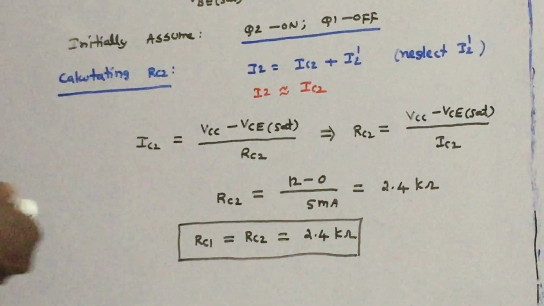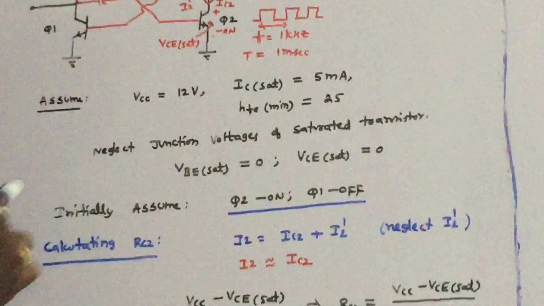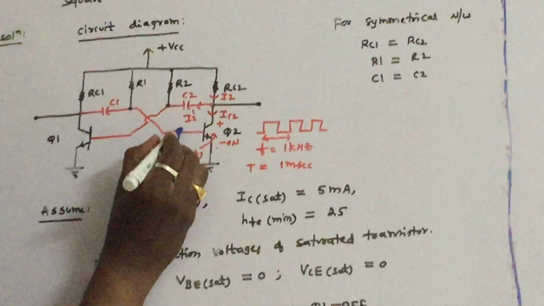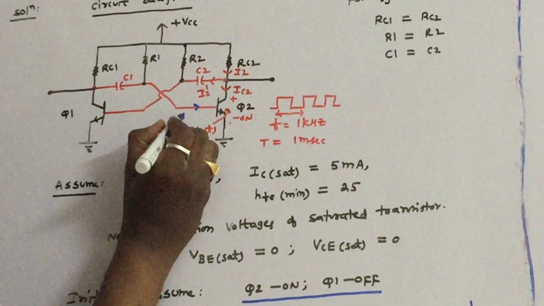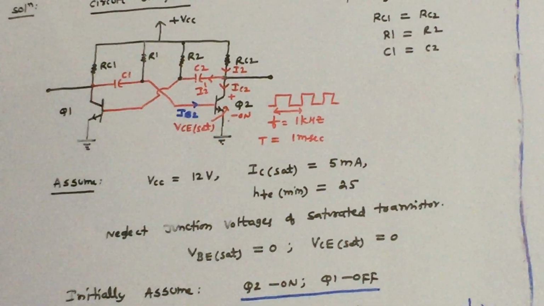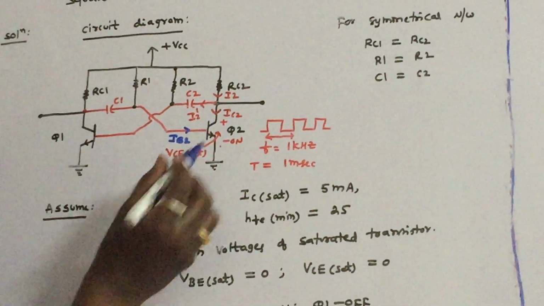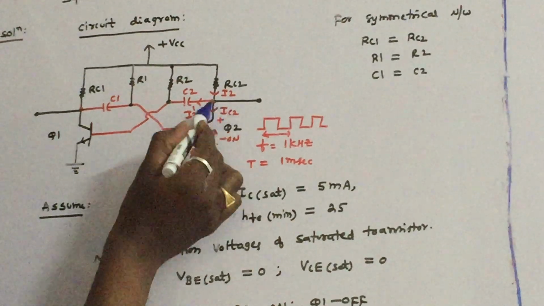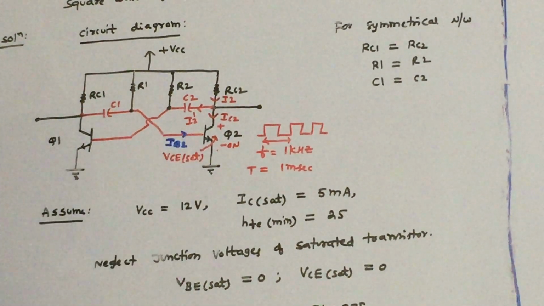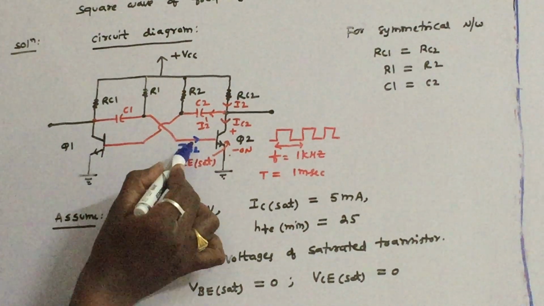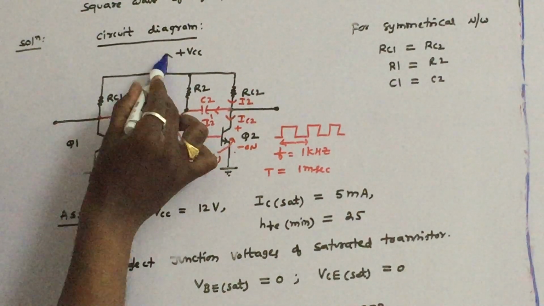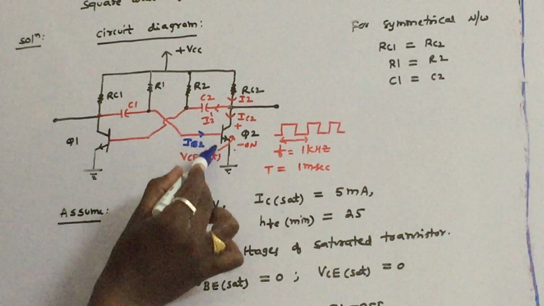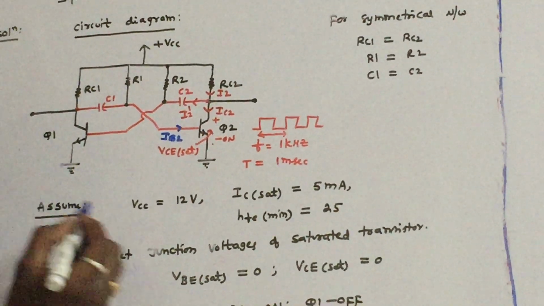Generally for these problems, when IC2 is given, you can easily calculate IB2. That's why this collector current IC2 is given. From the collector current you can easily calculate the base current. Once you find the base current, from this loop you can easily find out the value of R1.